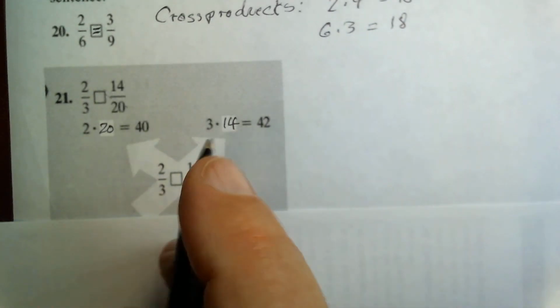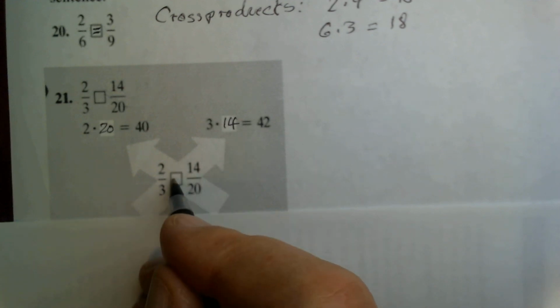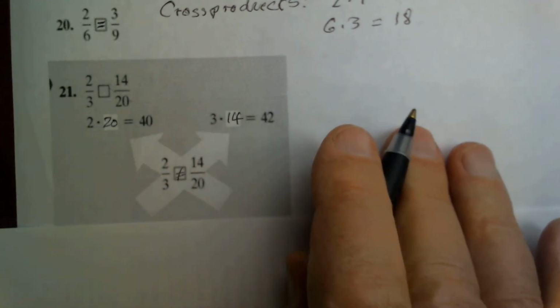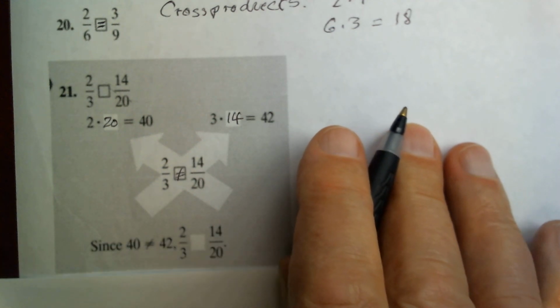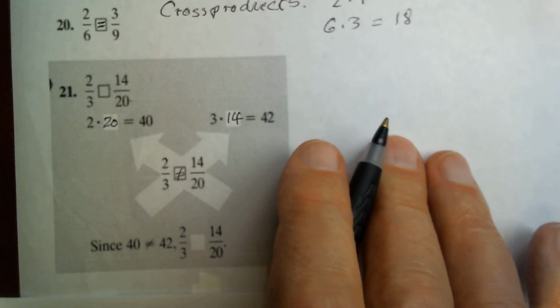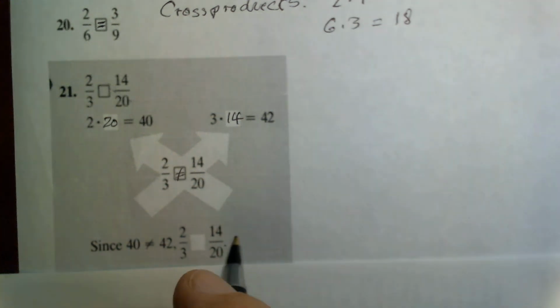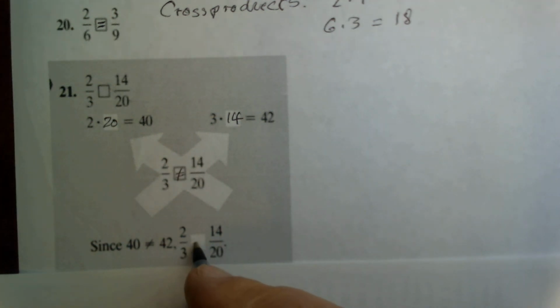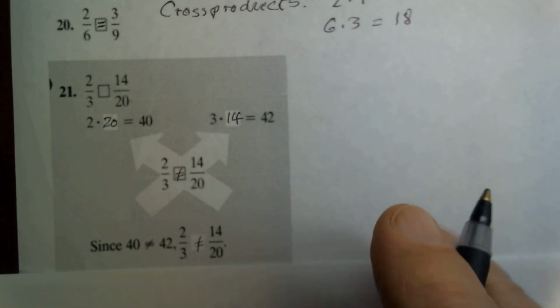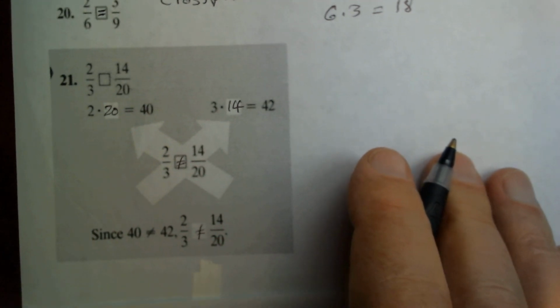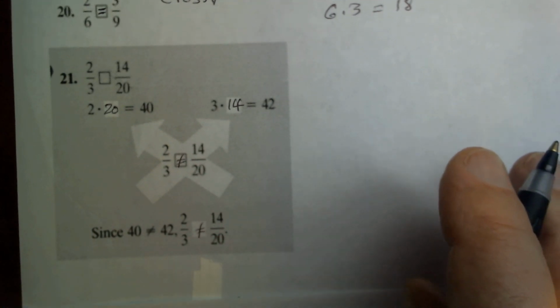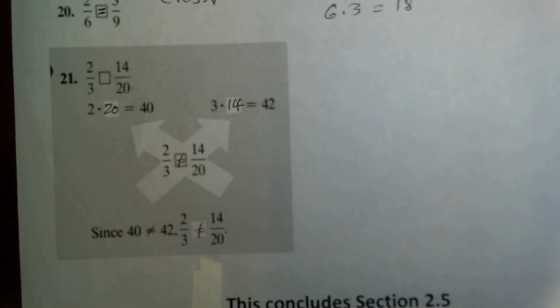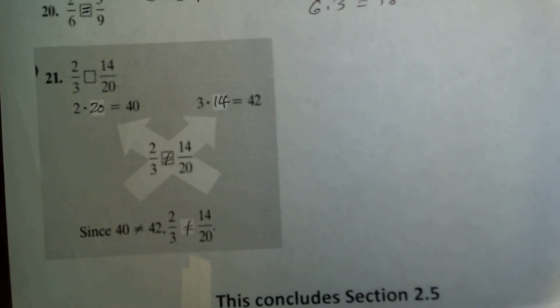And since 40 is not equal to 42, we get a not equal symbol in there. Since 40 is not equal to 42, 2/3 is not equal to 14 divided by 20. So it's a very simple test. Take the cross product. And this concludes section 2.5.